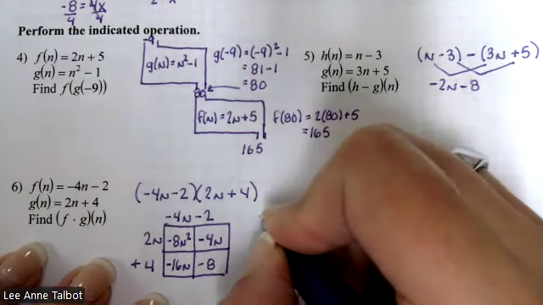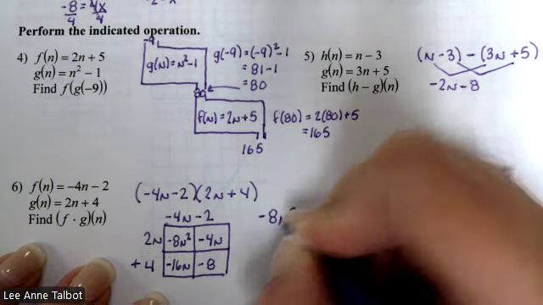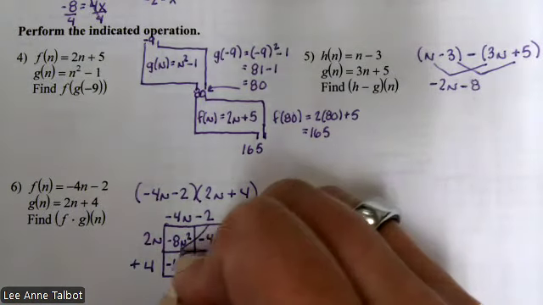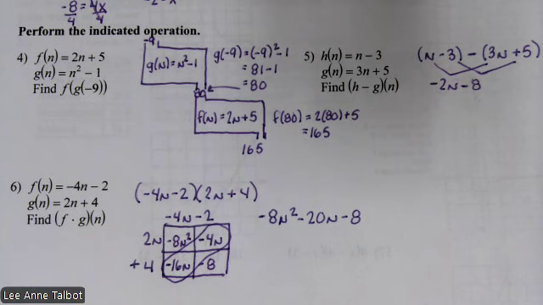Okay, so just combine like terms, -8n squared minus 20n minus 8. Okay, so pause right there. Any questions on 1 through 6? Any numbers like appear out of nowhere or anything? You sure?